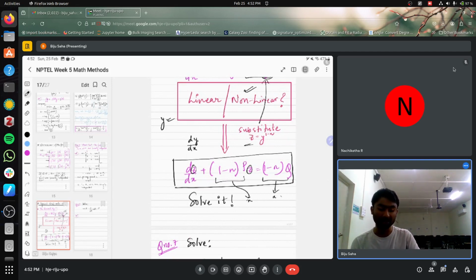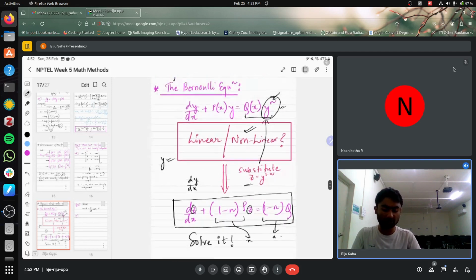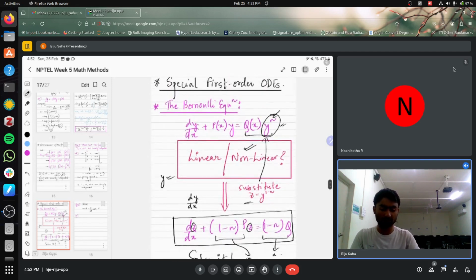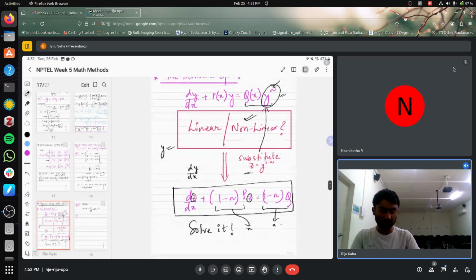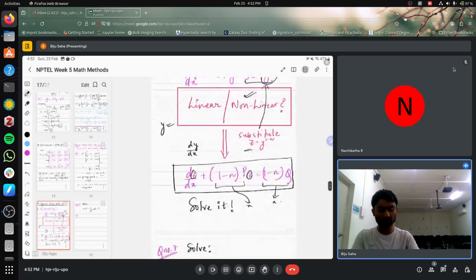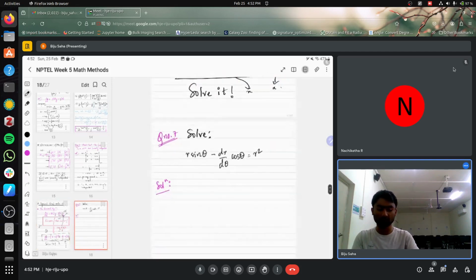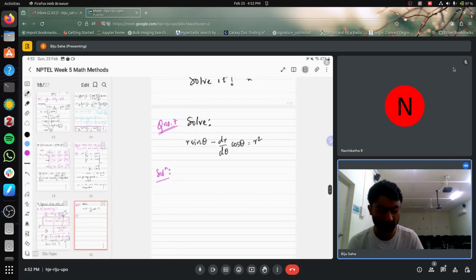So by making a change of variable, you have reduced a non-linear differential equation to a linear differential equation. That is something which you achieved, and it will help you a lot to solve the question. So let's quickly go to this particular equation to solve this.